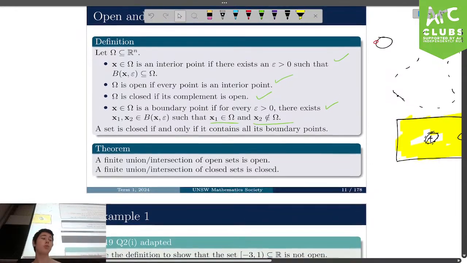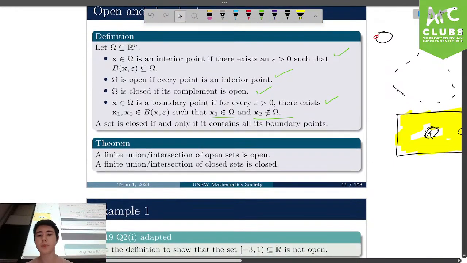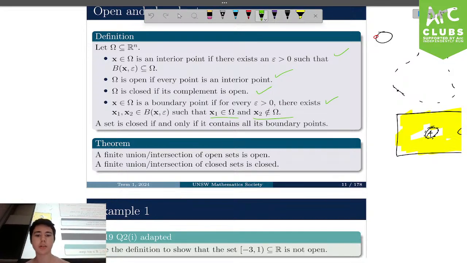And that's going to be for all size balls that exist. Fantastic. Okay, just a little bit of an extra distinction. We have this implication that a set is closed if and only if it contains all of its boundary points, okay? So that is to say that no boundary point can also be an interior point, which is rather intuitive.